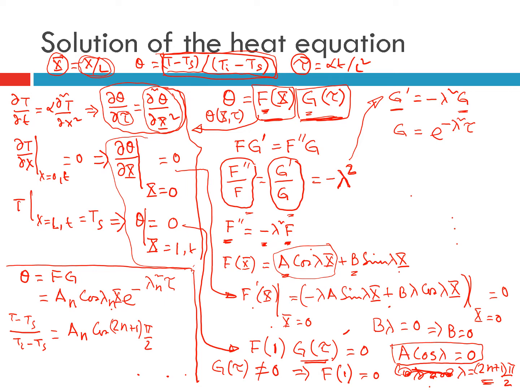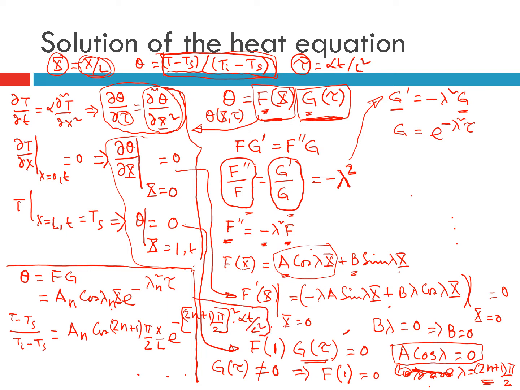So this non-dimensional x would be replaced by x over L, times e raised to minus this whole thing, ((2n plus 1) pi over 2) square times alpha t over L square.